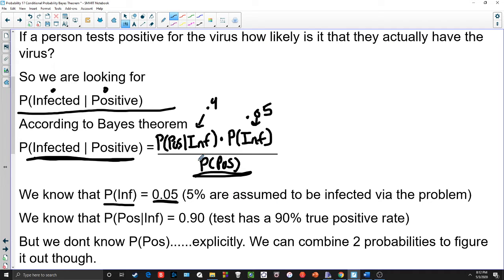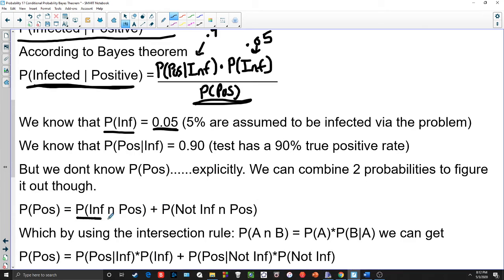We don't know what the probability of a positive test is explicitly, but due to the law of total probability, we know that if you test positive, there are two cases. You can test positive and be infected, and you can test positive and not be infected. So we can break down this overall probability into its two components: the infected that test positive and the not infected that test positive.